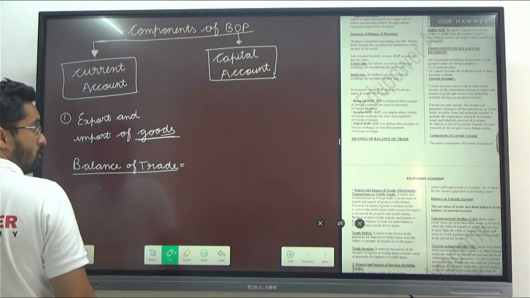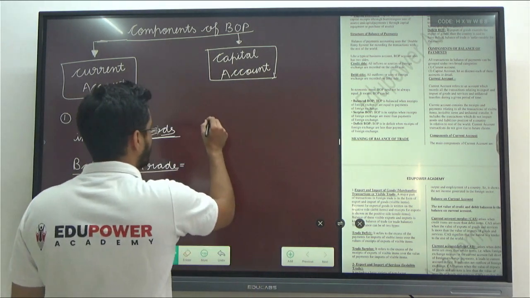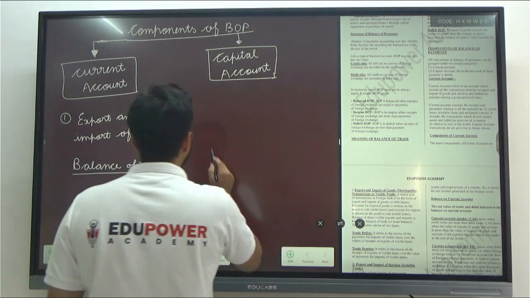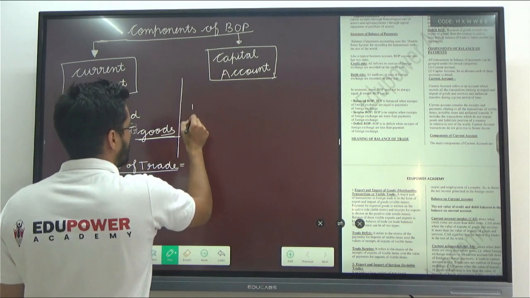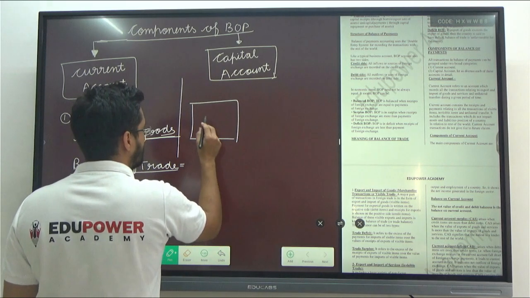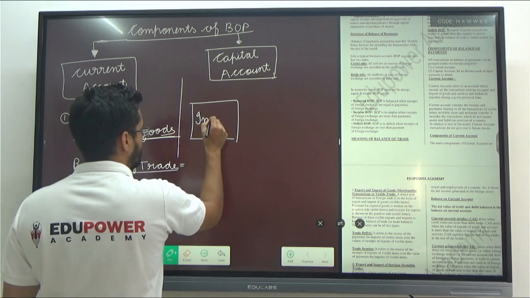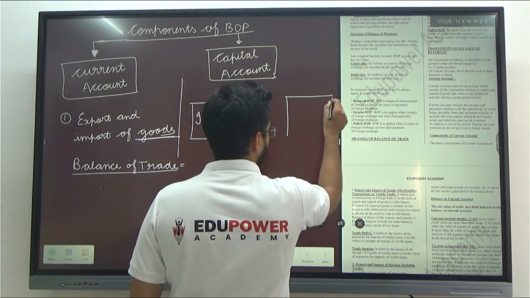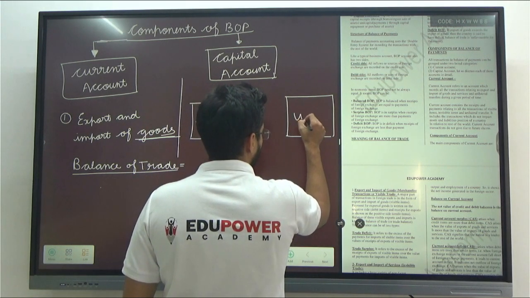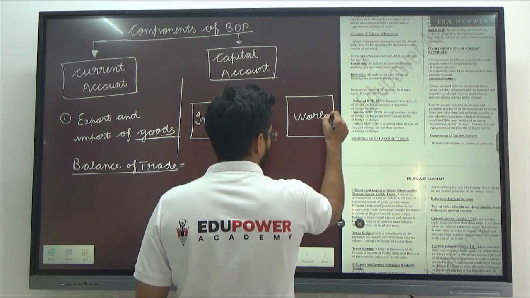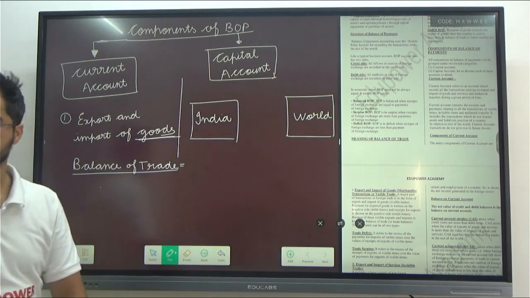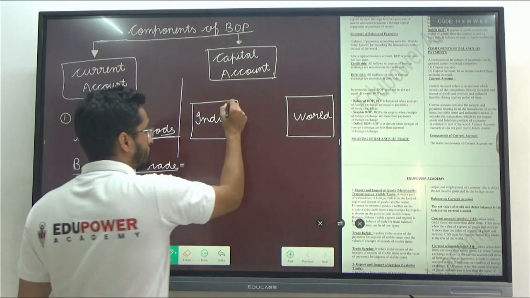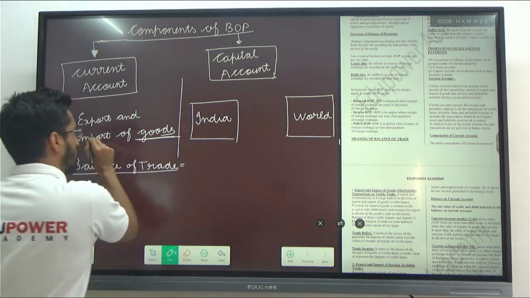Okay. What is balance of trade? Suppose we have India and we have the rest of the world. This is the rest of the world, everything except India, all countries except India. Now, I am talking about export and import of goods.